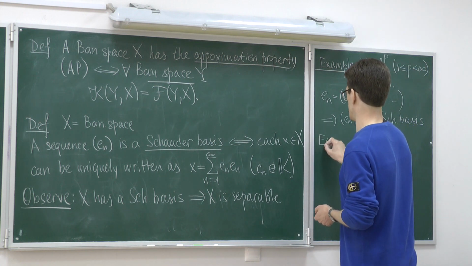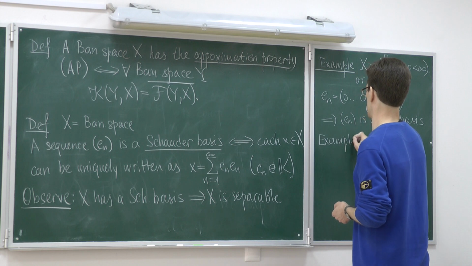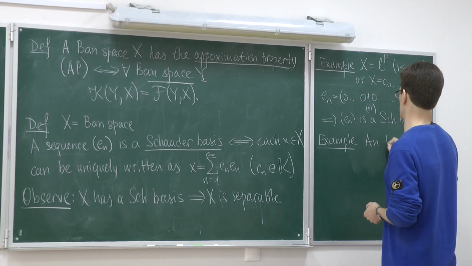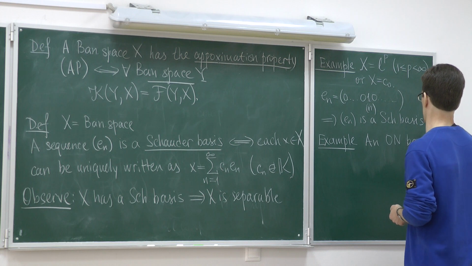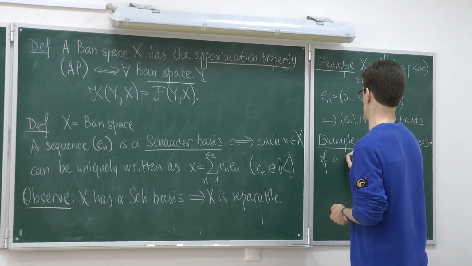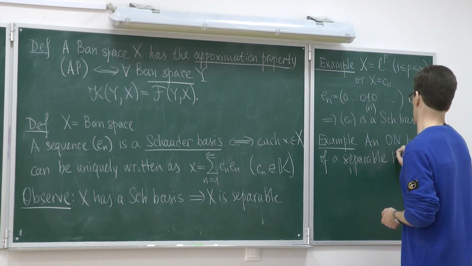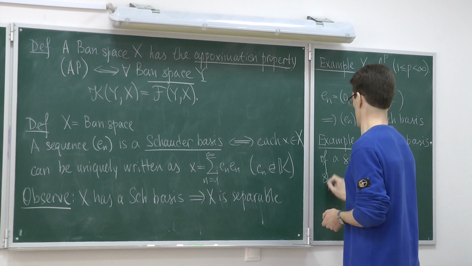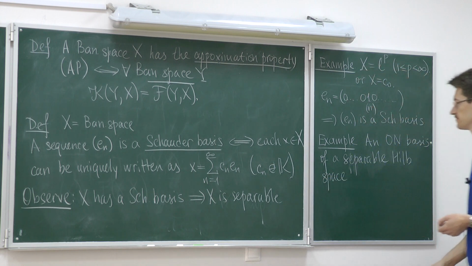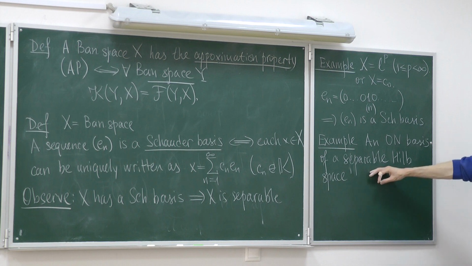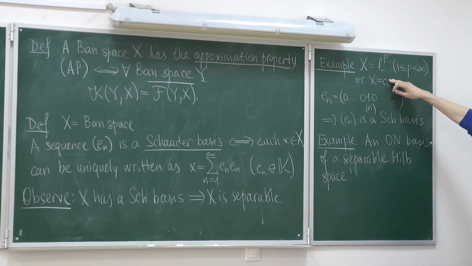Another example, which is actually a special case of this one: an orthonormal basis of a separable Hilbert space is a Schauder basis. In fact, this is a special case of the previous example, because each separable Hilbert space is unitarily isomorphic to the little l^2 space in such a way that a fixed basis in our Hilbert space goes to this concrete basis e_n.